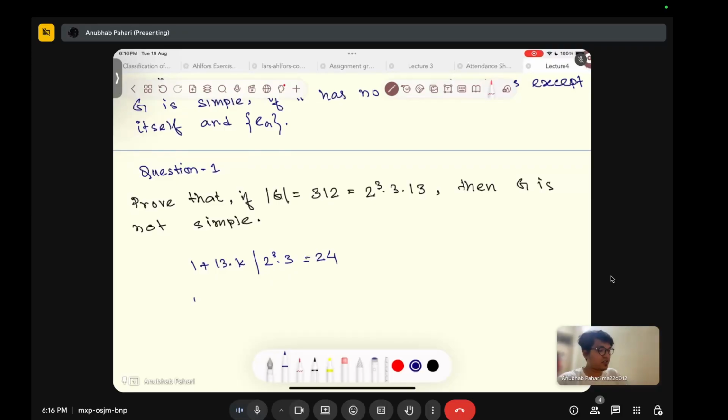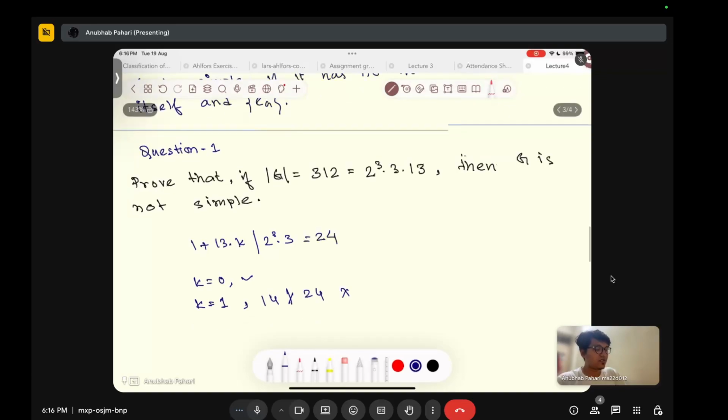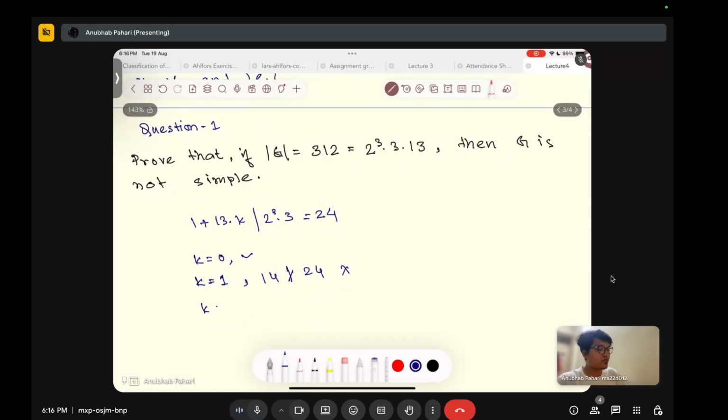Putting k equals 0 gives you a solution. But when you put k equals 1, that is 14, and 14 does not divide 24. And k equals 2 already exceeds 24, so nothing to talk about.